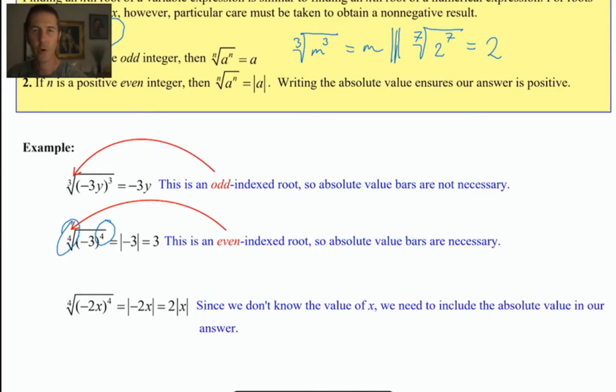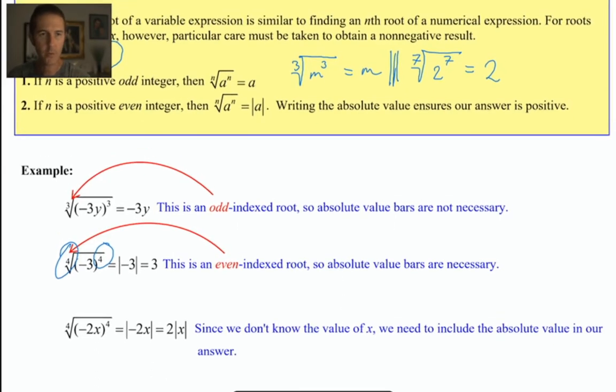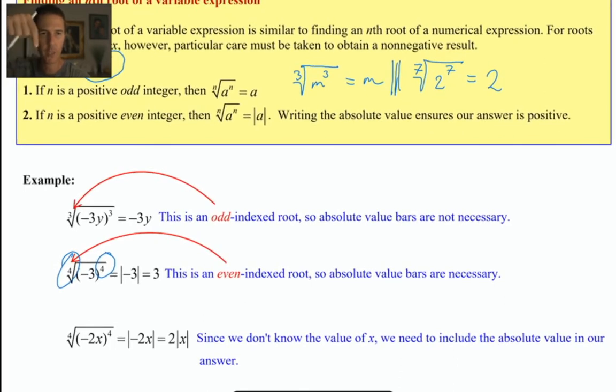So you can see how in a homework problem, or on a quiz, or on a test, even if it's multiple choice, if one of your answers is +3 and one is -3, if you don't commit this relationship to memory, you're liable to get that question wrong, and I don't want that for you. So do take a note on these two bullets that are right below me here.